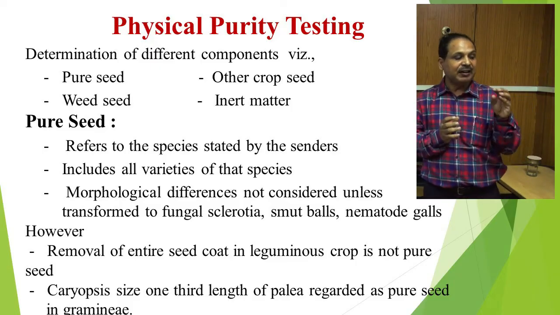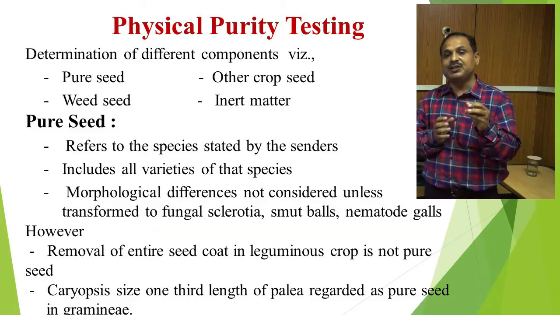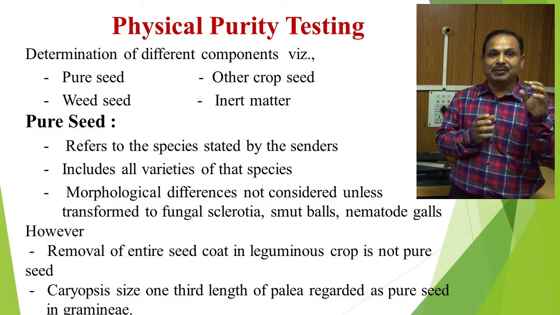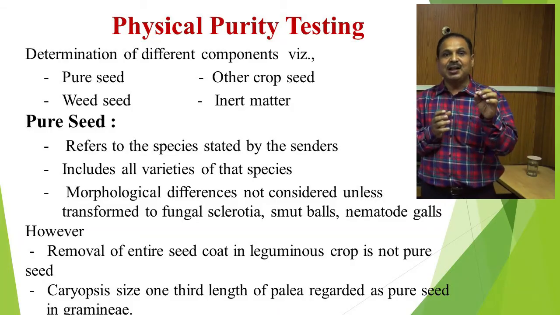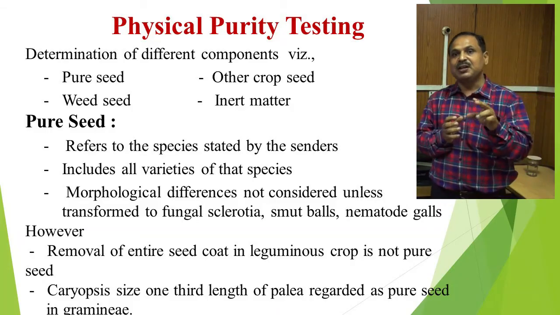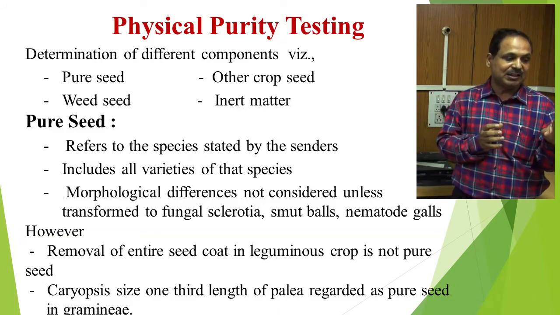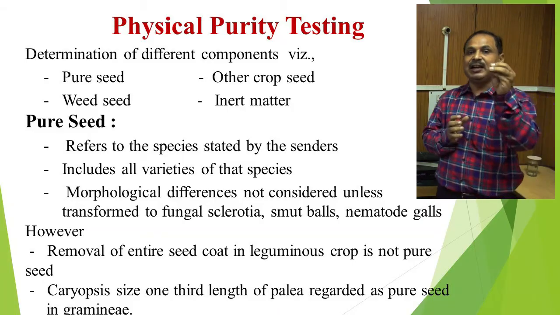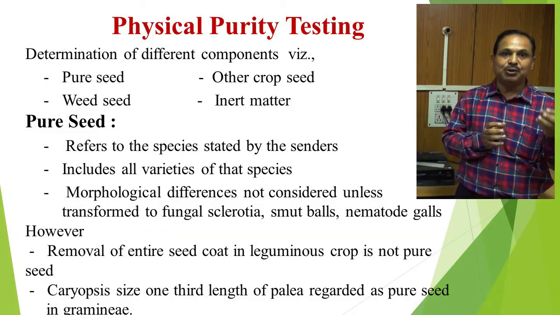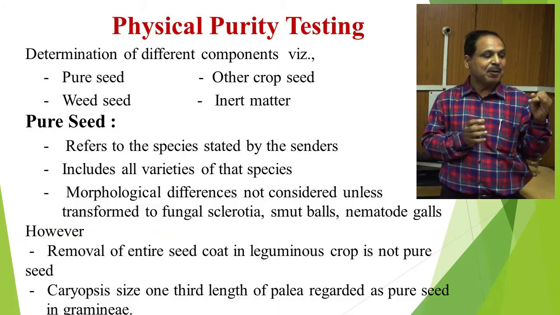Pure seeds refers to the species as stated by the sender. For example, if the sender gives me seed of maize, we concern only the Zea mays species. Whether it may be the white maize or the yellow maize, we don't go into this. So we can consider it as pure seeds.